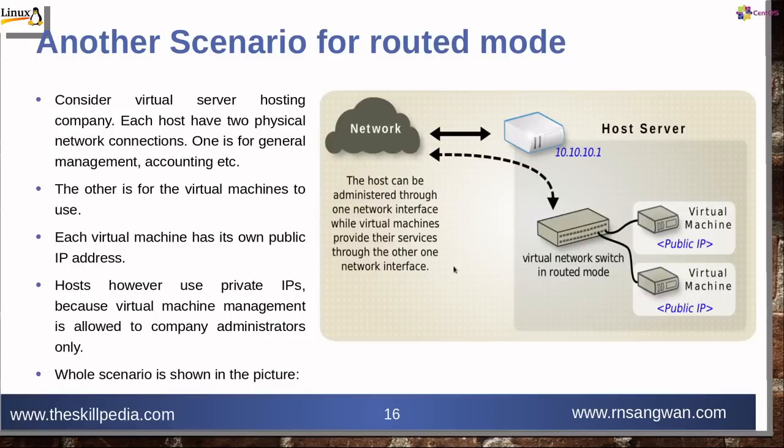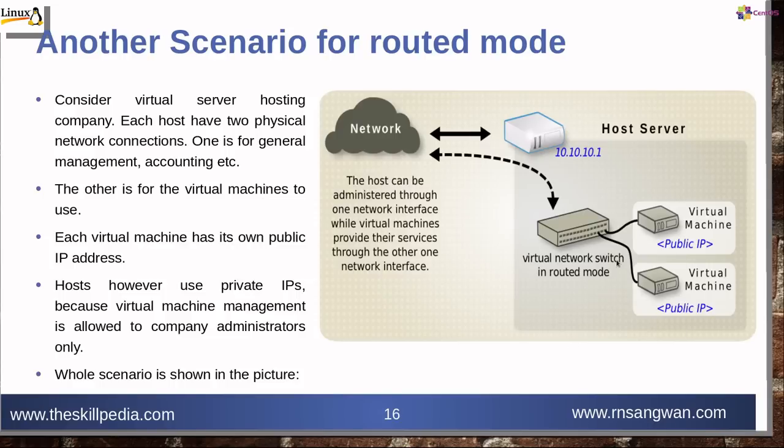Another scenario for routed mode is this particular use case, a very good use case. Consider a virtual server hosting company. Each host will have two physical network connections. One is for general management, that is, accounting and management, and the other is for virtual machines to use. That's where the machines are interacting with each other.